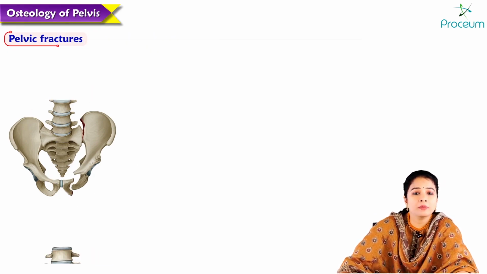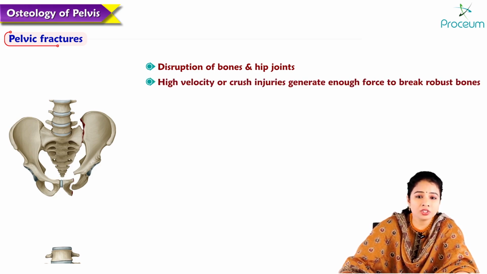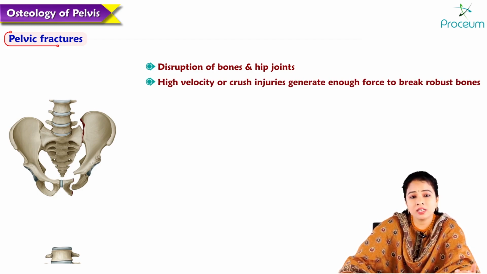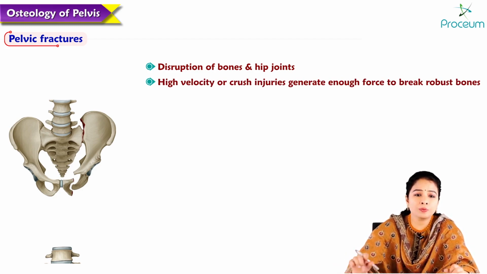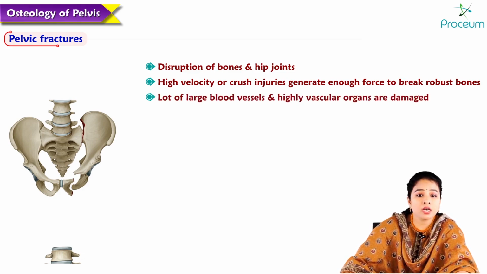Pelvic fractures. Pelvic fracture refers to disruption of the bones and joints of the pelvis. These injuries are usually caused by high velocity or crush injuries that generate enough force to break these robust bones. There are a lot of large blood vessels and highly vascular organs in the pelvis that can be damaged during these accidents.